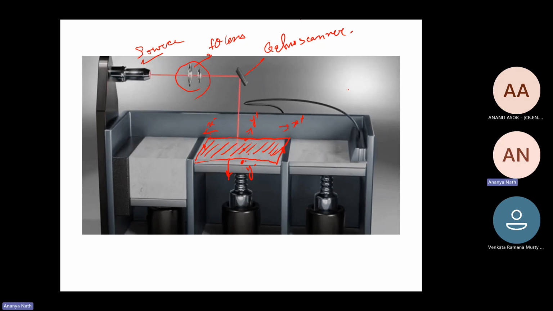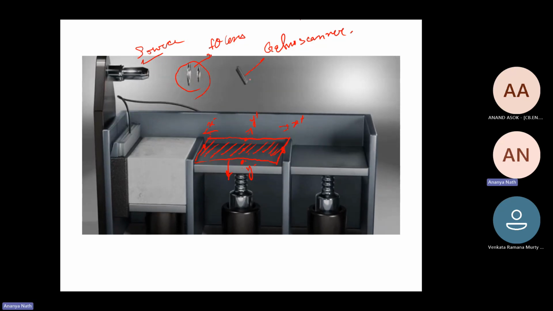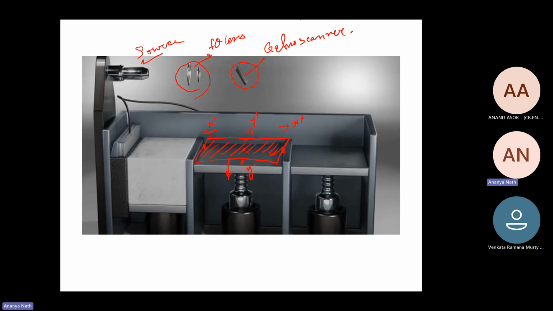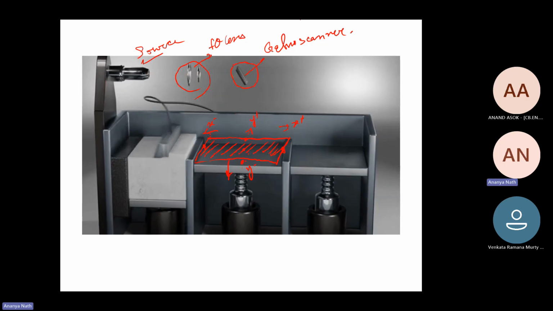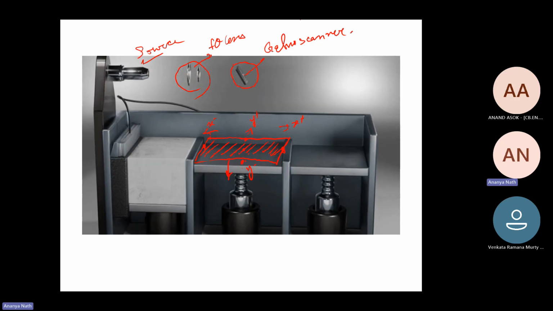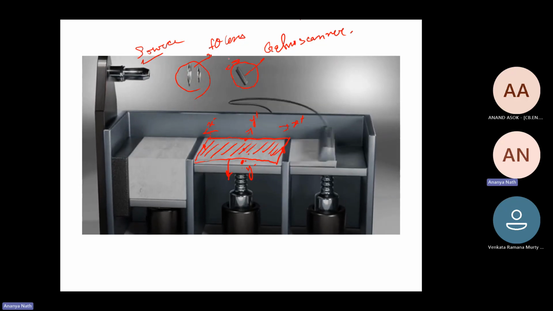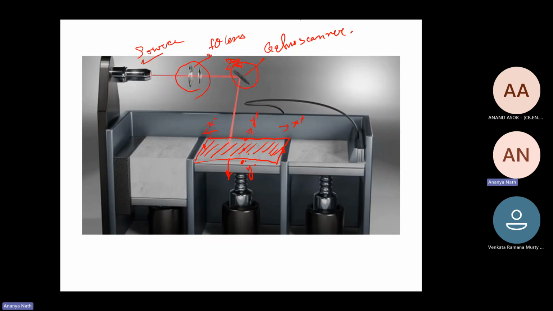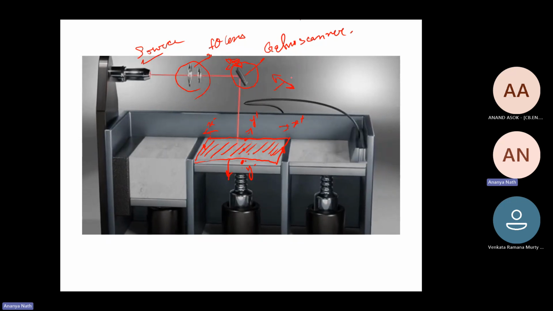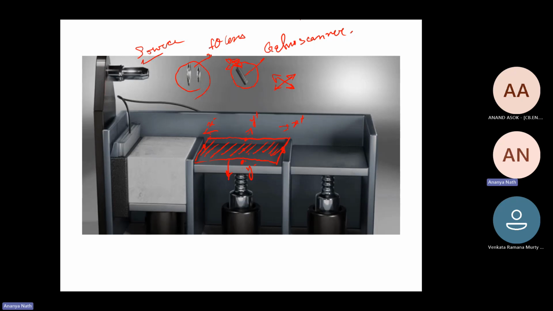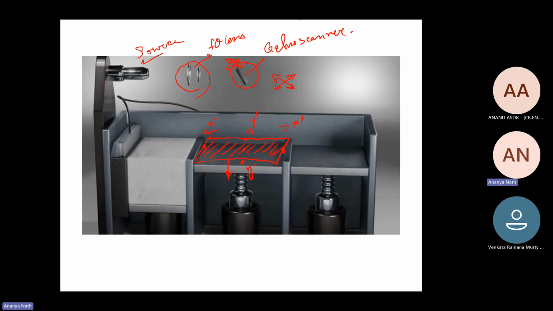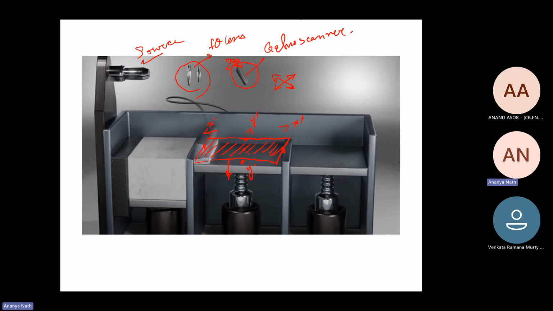Understood. Now the use of the galvo scanner is similar to what we have used for VAT photopolymerization. The galvo scanner is rotating in this direction and this direction. It's basically tilting in the X direction and the Y direction. Why? To move the laser beam on top of the build plate, because the galvo scanner itself is fixed.